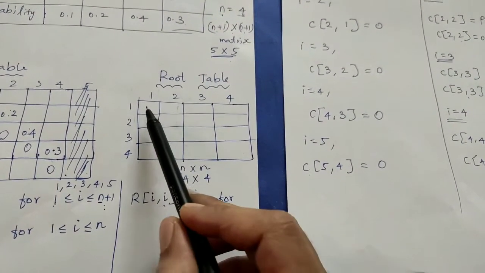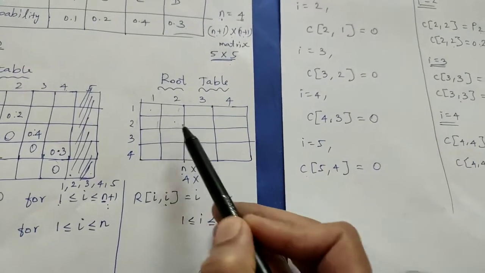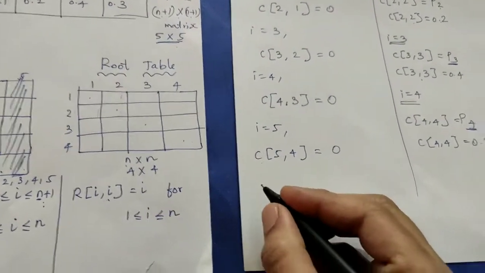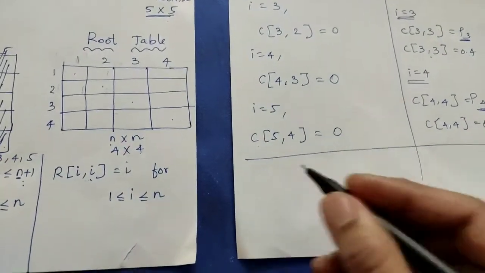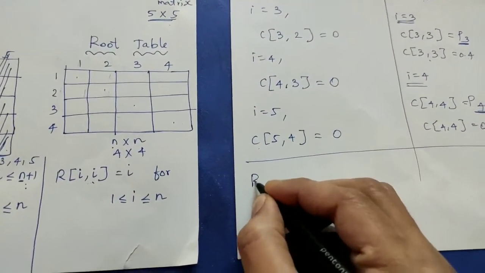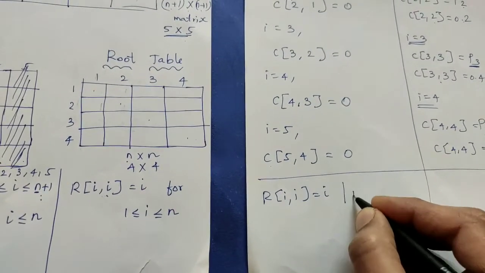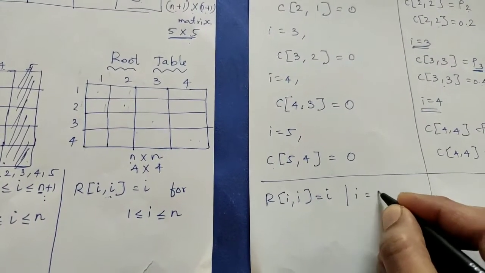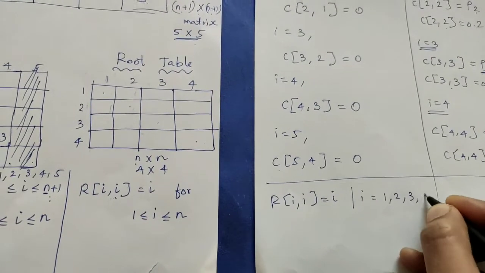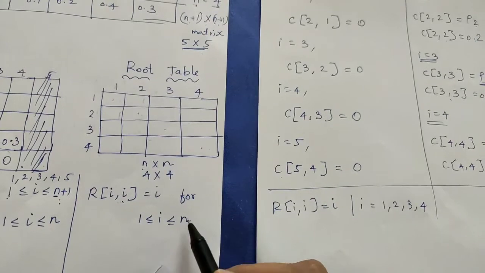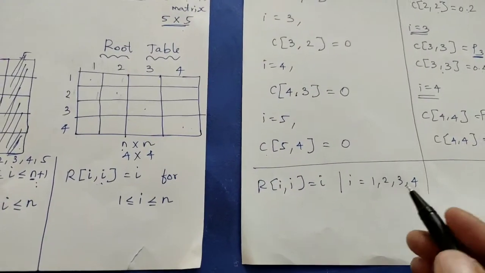See, what is a thing I have? I have the formula as r of I comma I is equal to I, where I starts from 1 to n. 1, 2, 3, 4 I need to process, because I starts from 1, it goes up to n. So 1 to 4 I have taken.